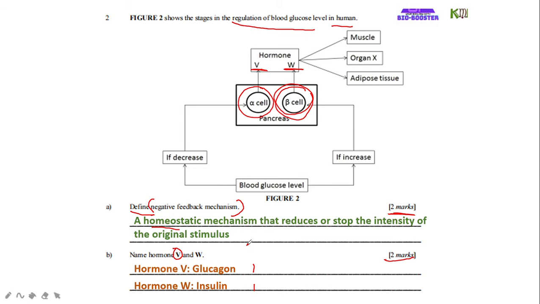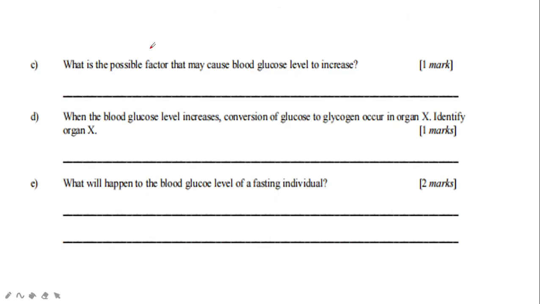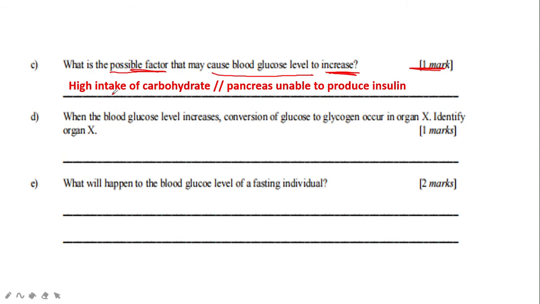Okay, question C. What is the possible factor that may cause blood glucose level to increase? 1 mark. The answer could be high intake of carbohydrate or the pancreas is unable to produce insulin. You can write either one of the answers.